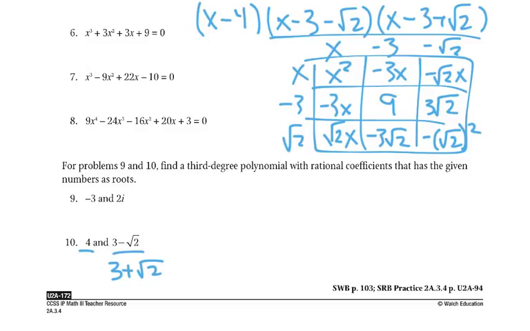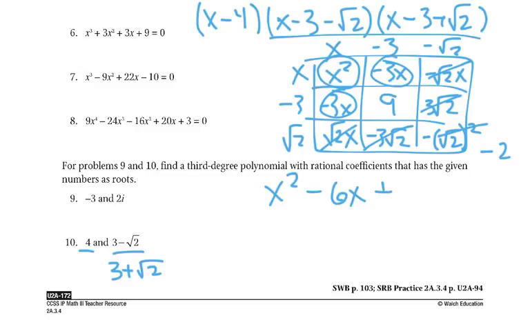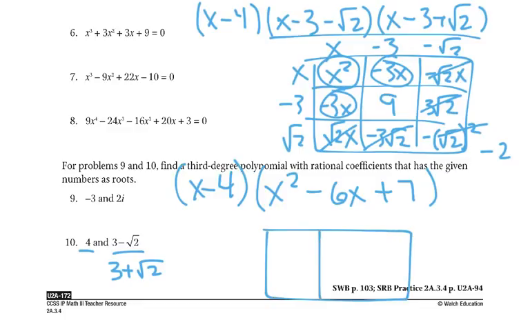So, when we look at this, positive and negative are the same, cancel out. Negative and positive cancel out. So x squared minus, combine those, 6x. And then whenever you square a square root, that cancels. So we'd end up with negative 2 when we multiplied those together. So 9 minus 2 would give us positive 7. Then we do it one more time, and we'll end up with our cubic function.